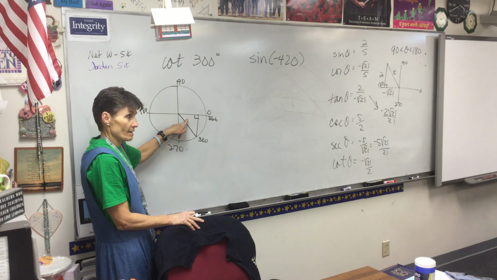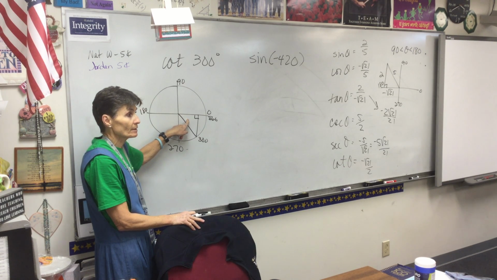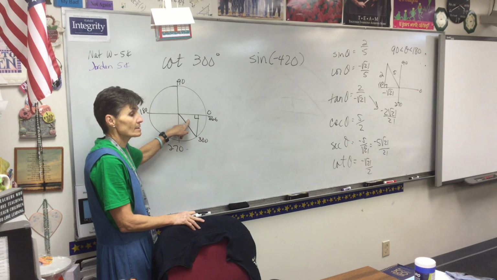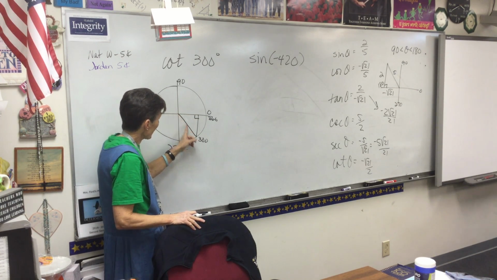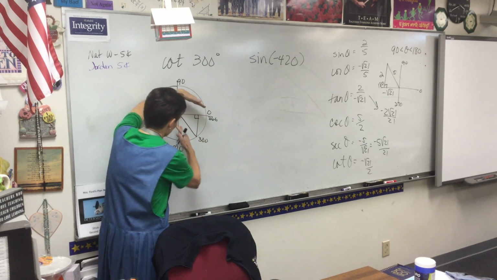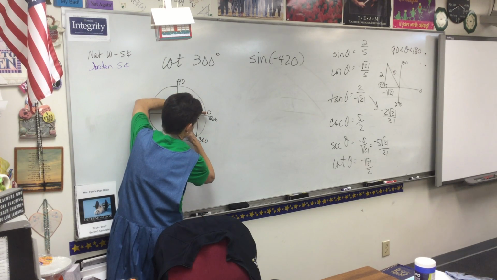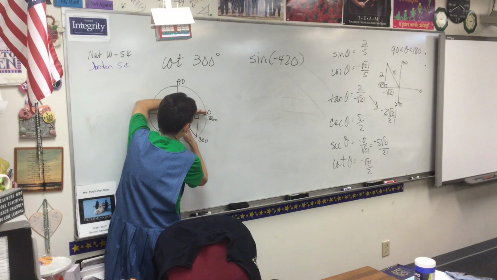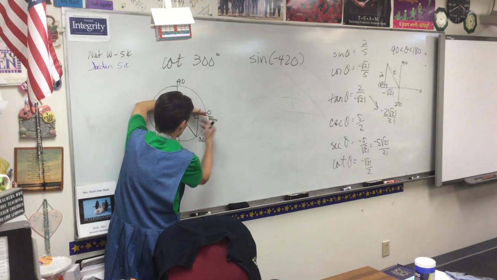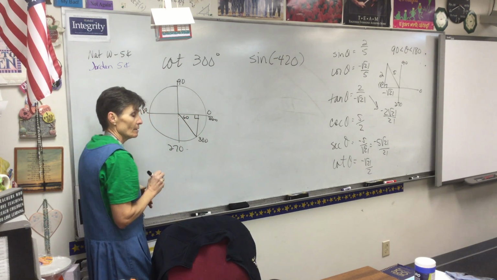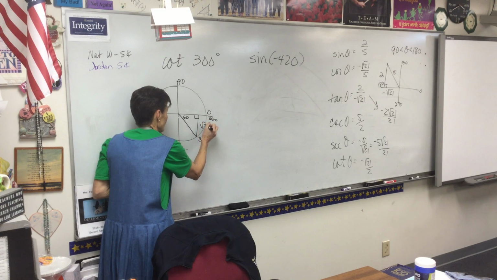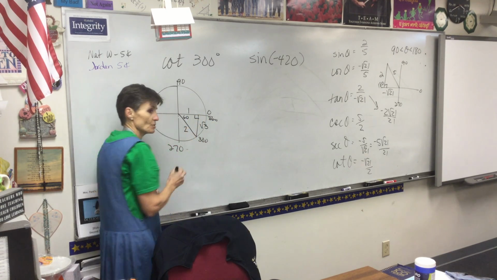The angle is 60. That is 300 and this is 360. Right? So how many degrees between 300 and 360? 60. That means this is a root 3, this is a 1, and this is a 2.